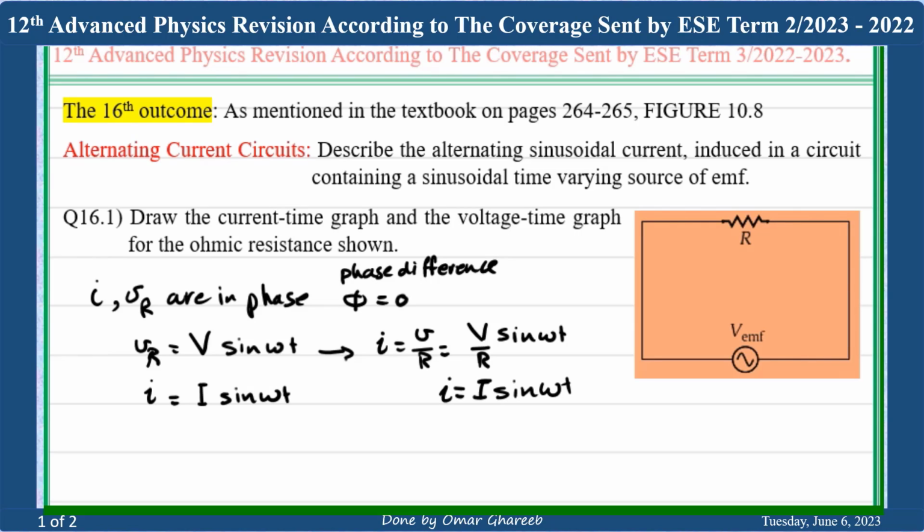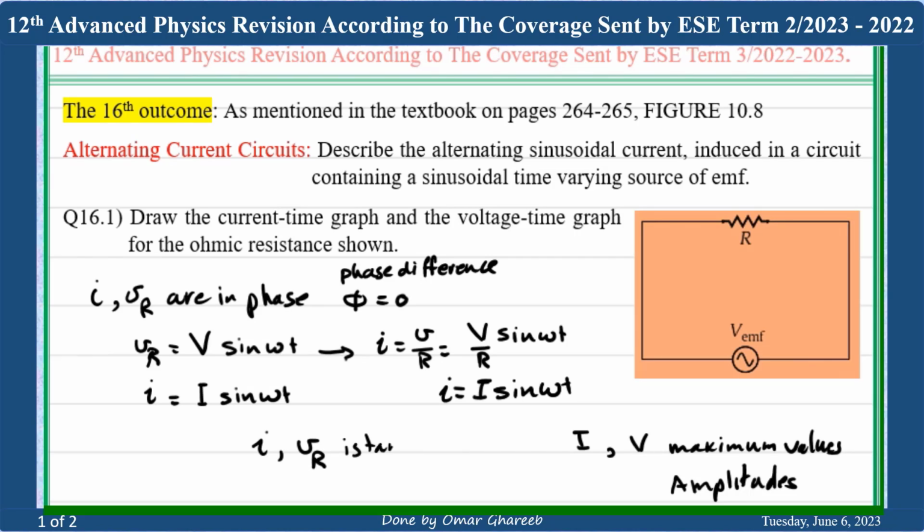So capital I and capital V are maximum values. Sometimes we name them amplitudes. They are the amplitudes for the sine functions. But small i and small v are instantaneous values.